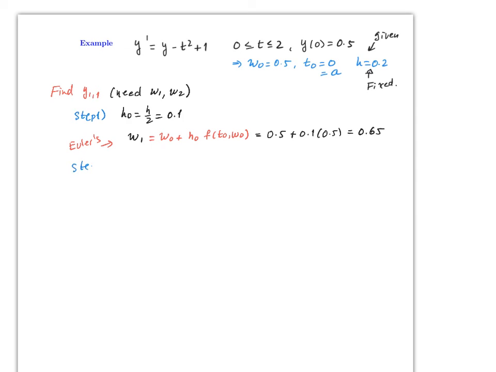Then for step 2, we're going to need the midpoint, and that will give you w2. So w2 is going to be w0 plus 2h0 f(t0 plus h0, w1), and this is the w1 you just found.